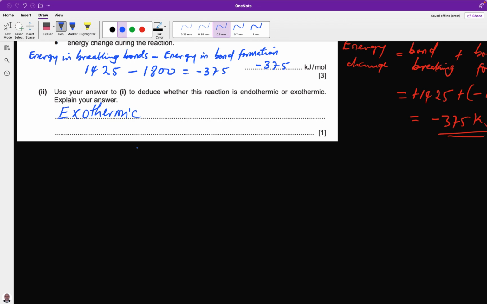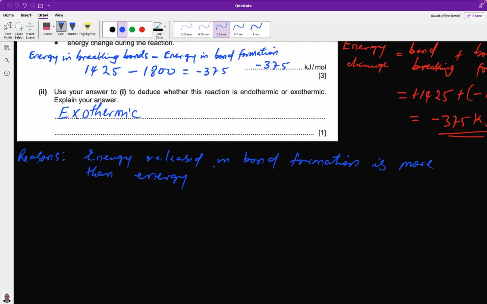For the purpose of revision, the reason for this answer is that energy released in bond formation is more than energy absorbed in bond breaking.